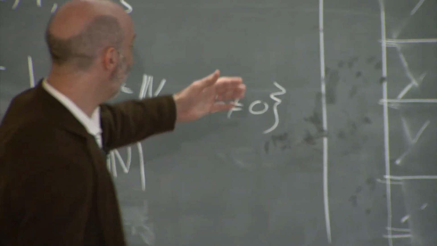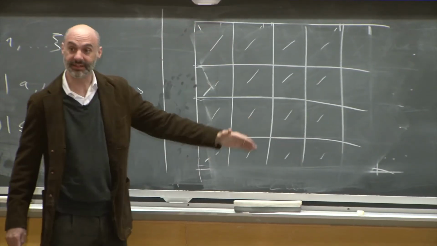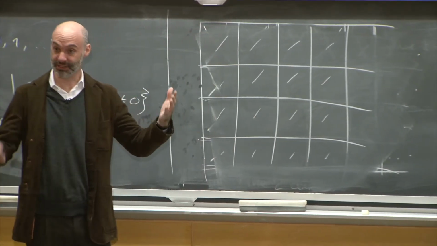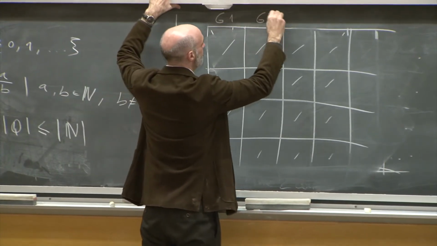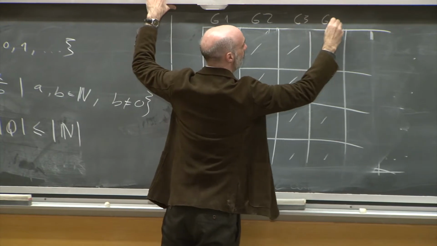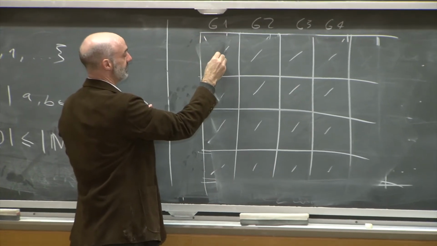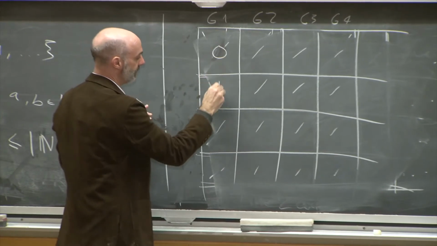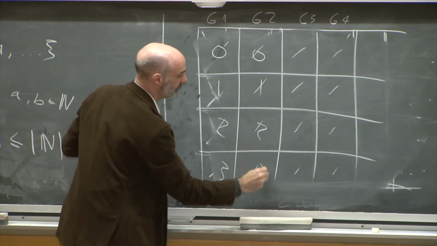Because look, think of each column in this infinite grid as corresponding to one group. So this is your group 1, and your group 2, and your group 3, and group 4, and so forth. And then these are the members of each group.